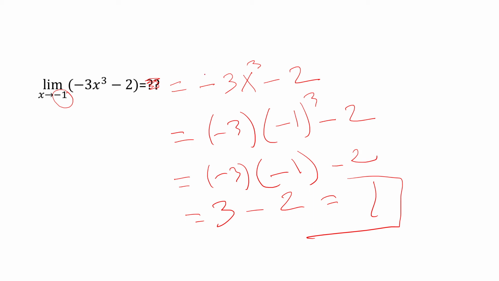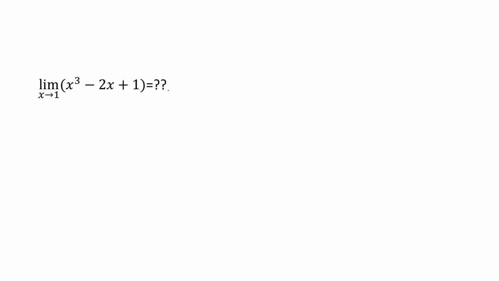And just notice here, I just write out the quantity instead of each time writing the limit of x approaching negative 1, then the quantity. But keep in mind you're dealing with the limit. So the same thing here.